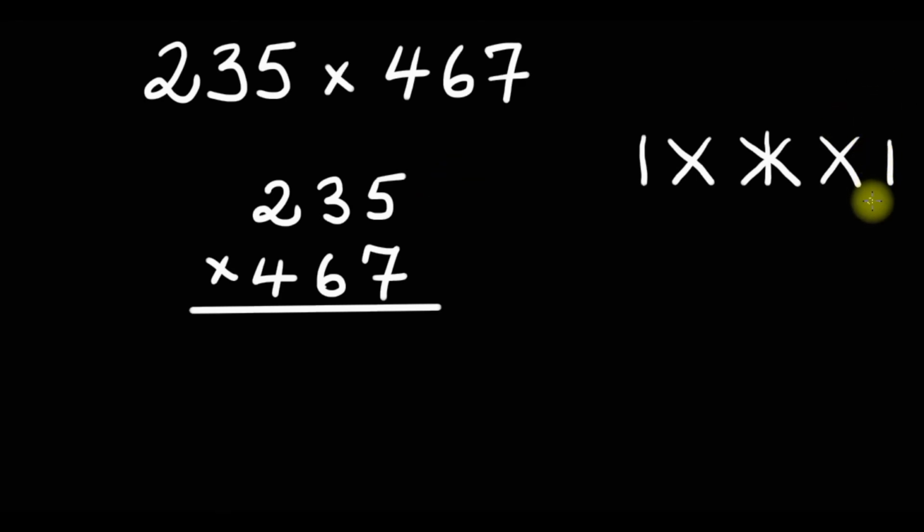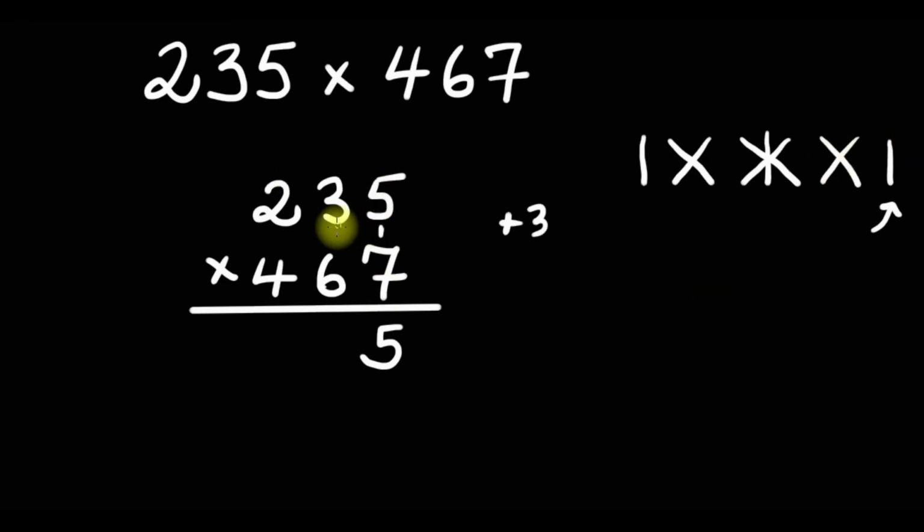Okay, so this one right here is we're going up and down. So that means 5 right here. 5 times 7 is 35. We're going to carry a 3. So we're going to add 3 here. Okay, and then the cross one.